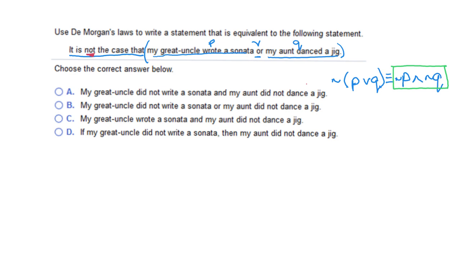And that would be this first answer A. My great uncle did not write a sonata, conjunction, and my aunt did not dance a jig. So there is your not P and not Q.